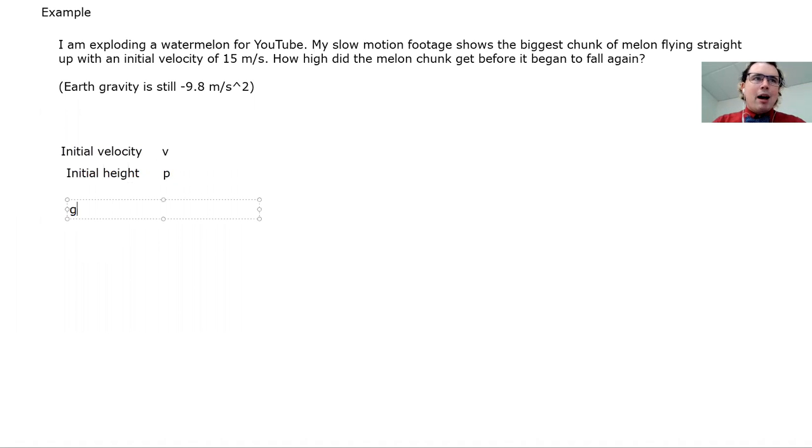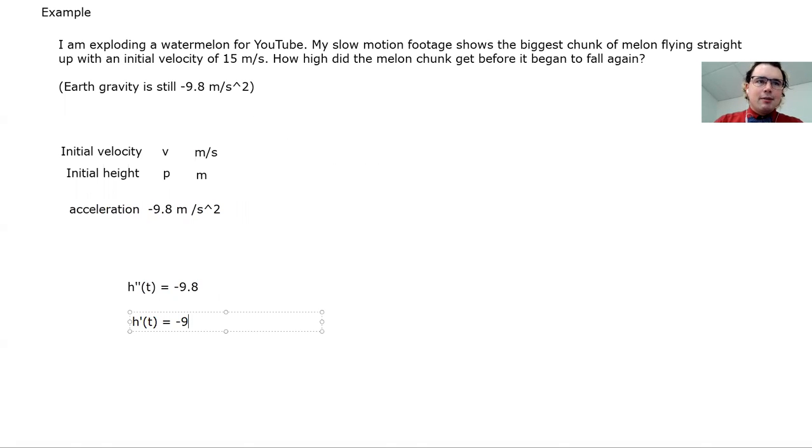And I know that my acceleration is going to be on Earth about negative 9.8 meters per second squared. Let's get some units on these other quantities. Well, I know that my second derivative is just going to be negative 9.8. I know that my first derivative is going to be negative 9.8 times t.